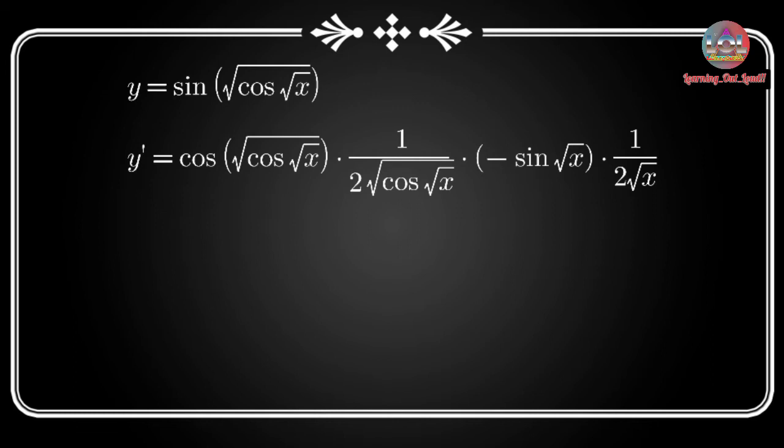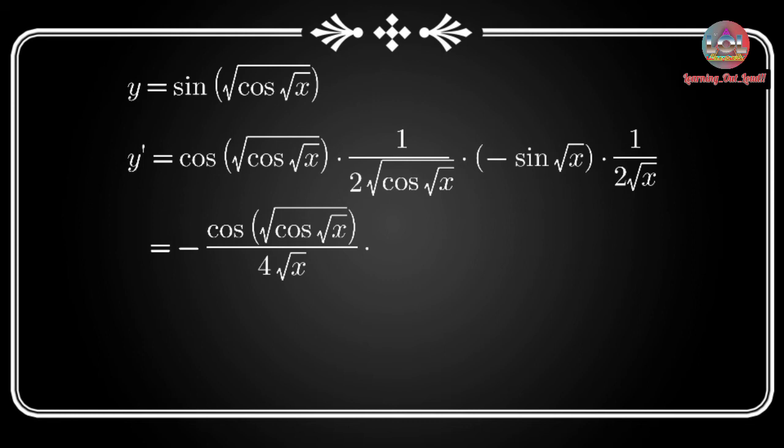So in the next step, let's take the minus sign with the sin root x outside. Then I took 1 by 2 into 1 by 2 outside, which would become 1 by 4. And now I have kept root cos root x as it is. Let's consider root x in the denominator now, which will also be taken into consideration.